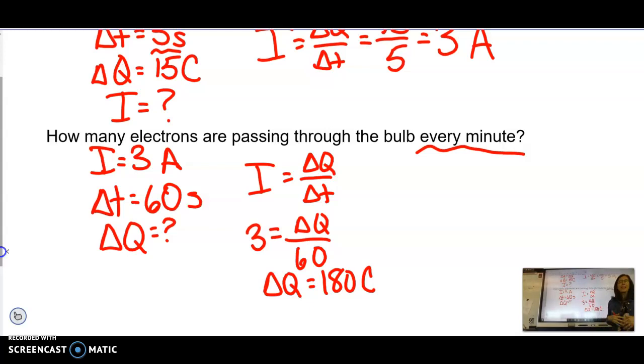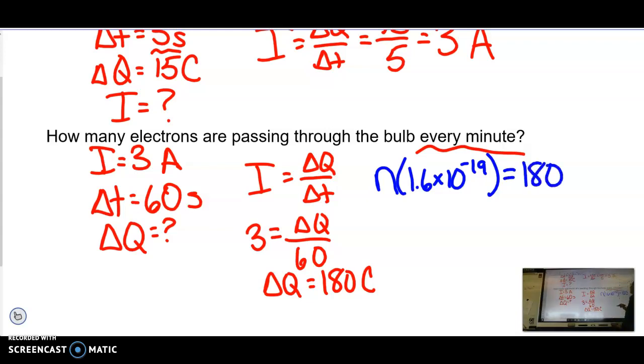So now the question is, well, how many electrons is that? So we've done this before. You'll recall that I wrote you an equation that said if I have n electrons and I multiply each one of those electrons by its charge, 1.6 times 10 to the negative 19 coulombs, that'll get me to the total amount of coulombs. In this case, it's a huge number. It's 180 coulombs. So to get the answer, you take 180 and divide it by 1.6 times 10 to the negative 19.